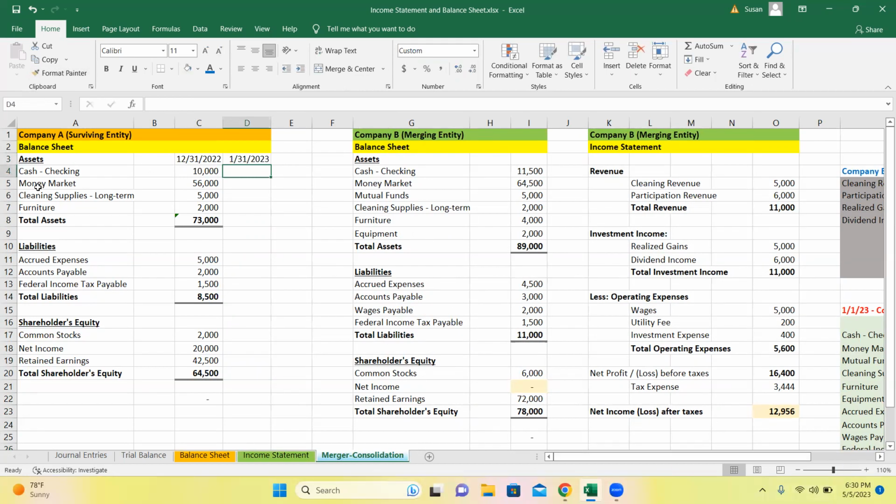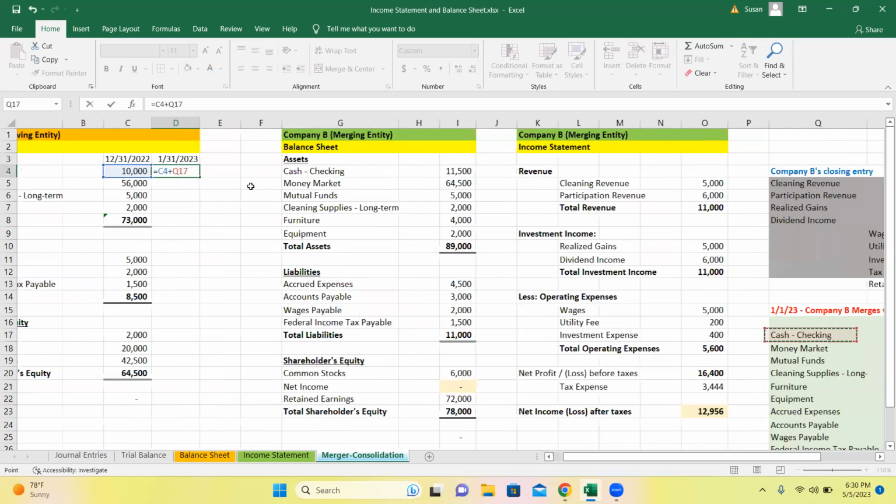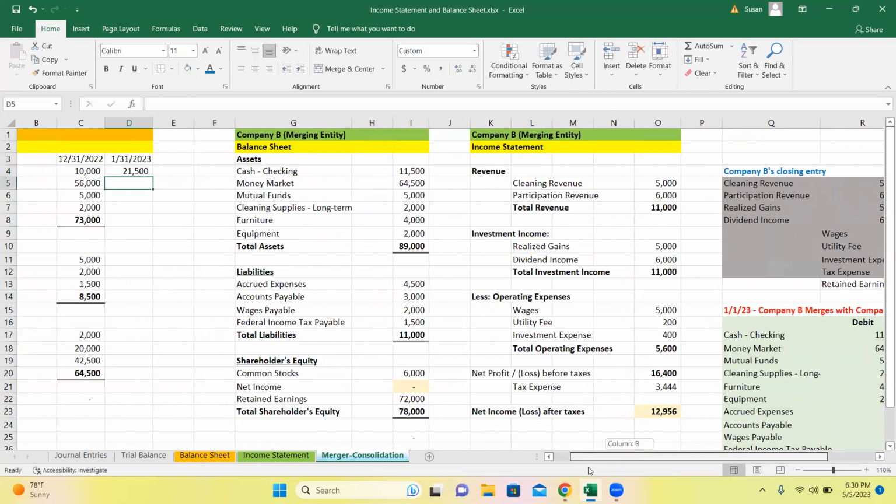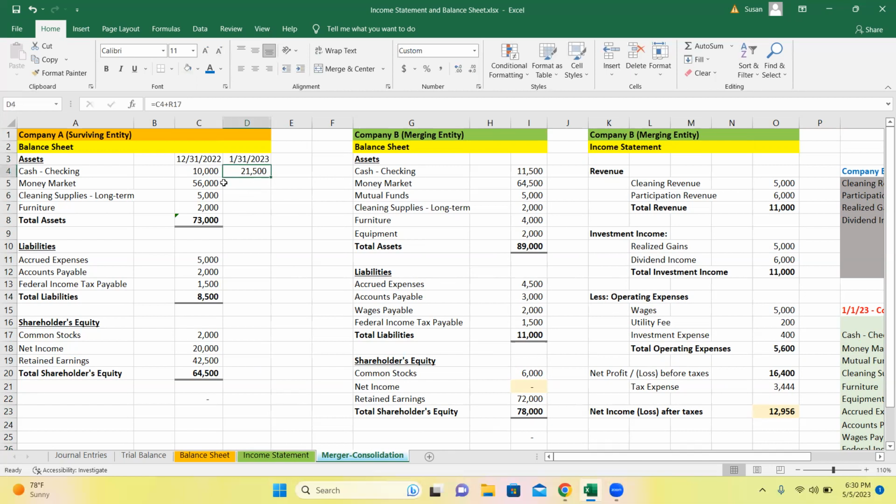So our cash account will now go up by an additional 11,500. So now this will be the new balance. And then our money market will be what's currently in company A plus the merging entry.